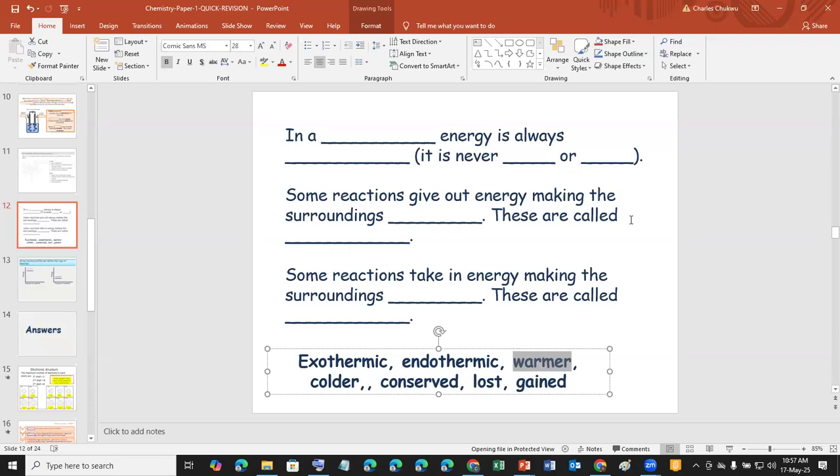So you see that word exo, it has qualified the skeleton somehow. Exoskeleton, outside. So the same thing here. If you understand that exo means out, then reactions that give out energy are usually called exothermic. So exo should be there, okay?